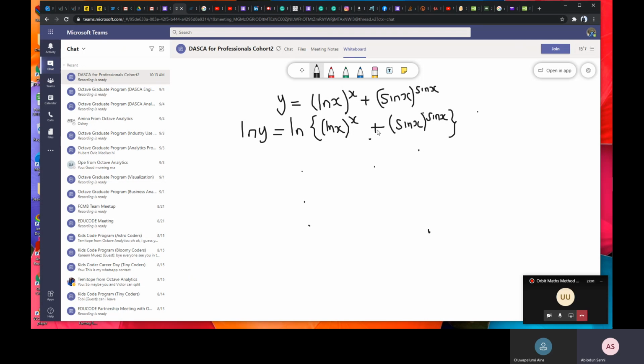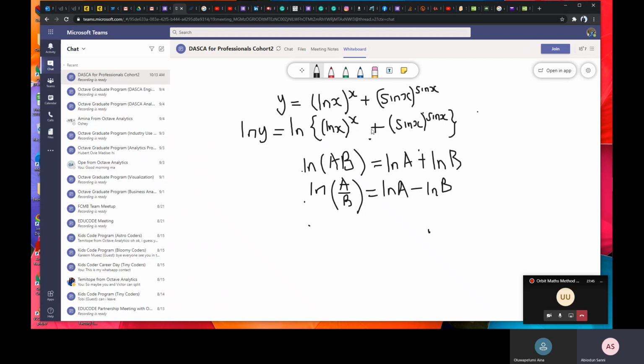It can only be simplified if these two expressions are joined by multiplication or division, because you only have ln(AB) equals ln A plus ln B, and ln(A over B) equals ln A minus ln B. So having this kind of expression doesn't help, since it is plus.